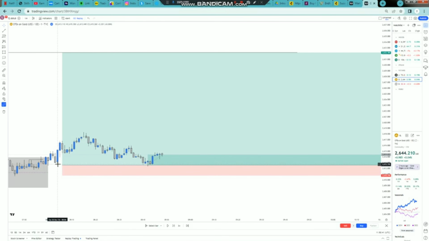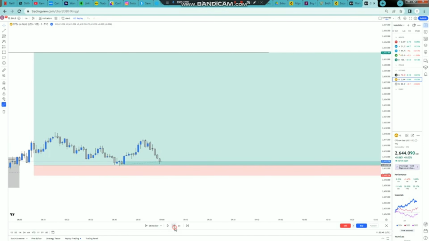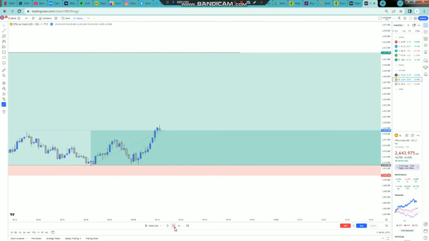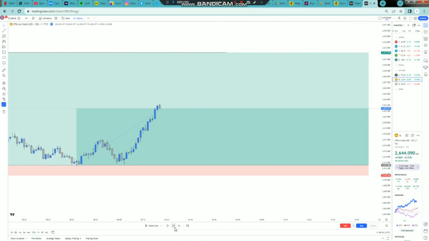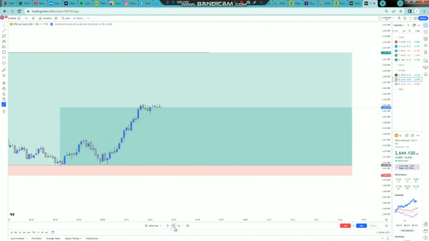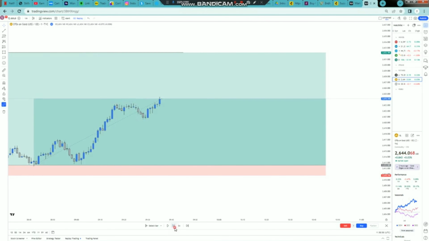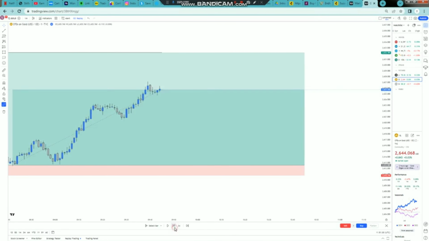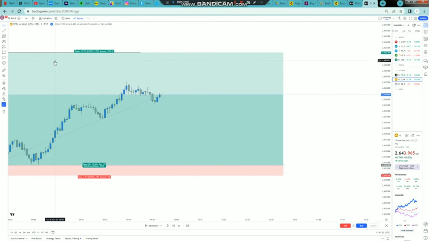Here. You see that? Market took all the liquidity that was here. Market moves. Let's continue moving with the market. After the market has taken that liquidity, I think you see how the market moves. Are you seeing how the market played out after sweeping the liquidity?